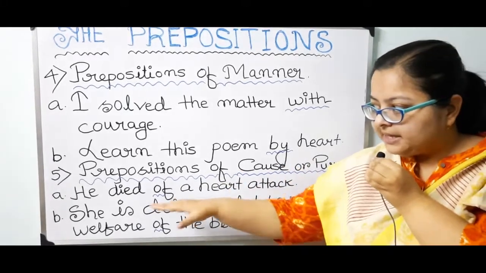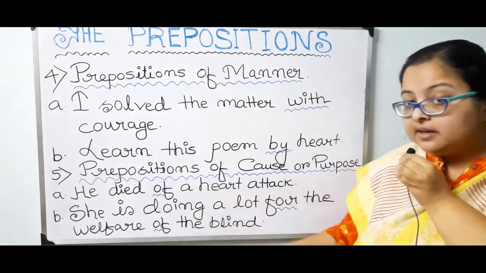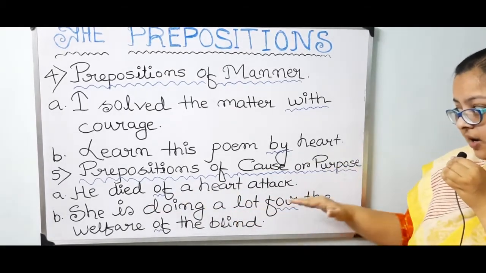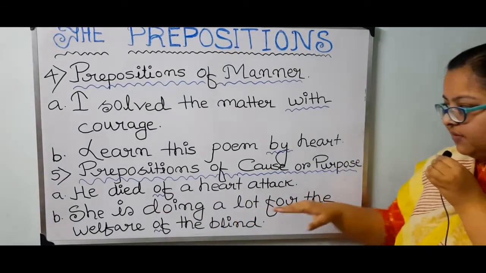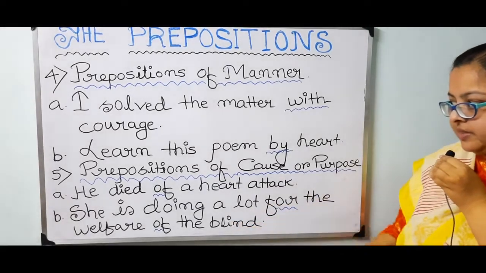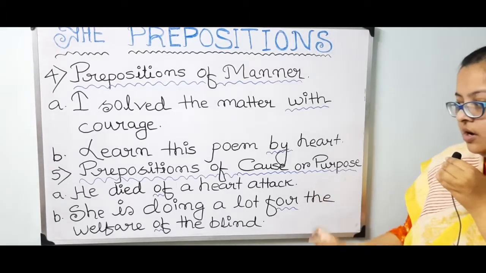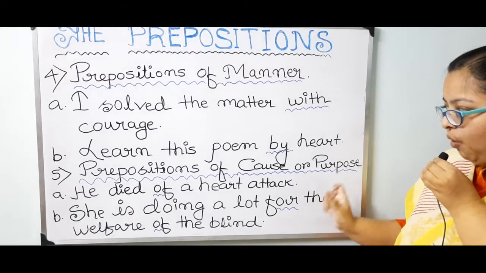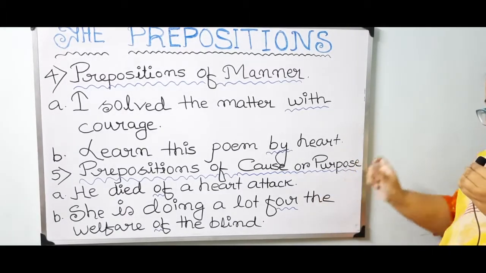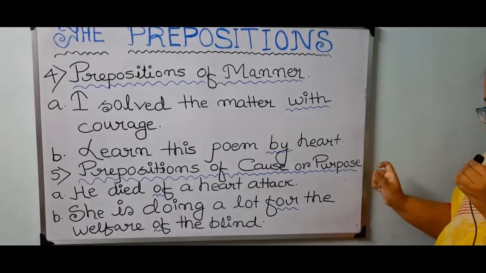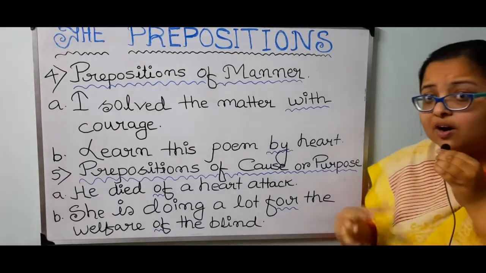Next, number B, she is doing a lot for the welfare of the blind. Now, "for" is indicating over here preposition of purpose, for what?